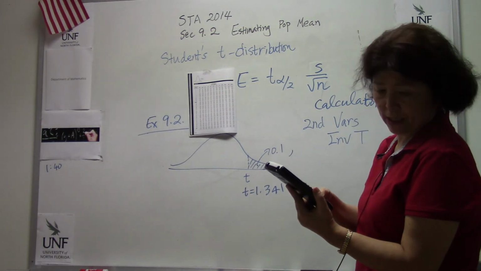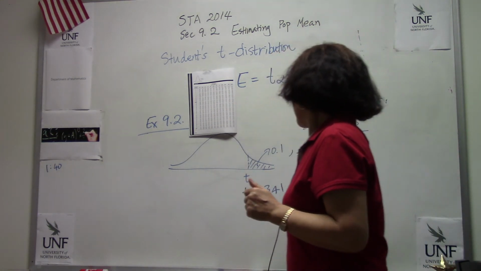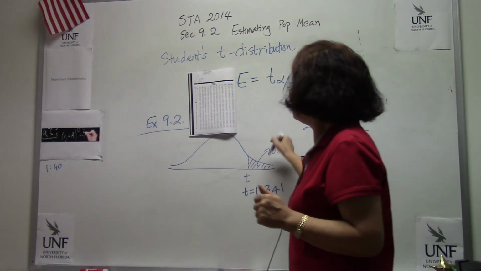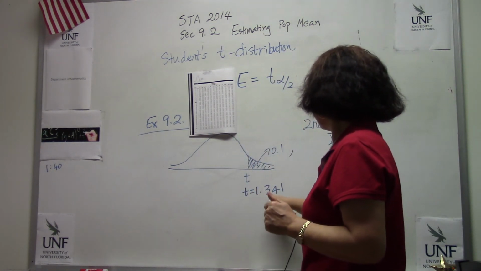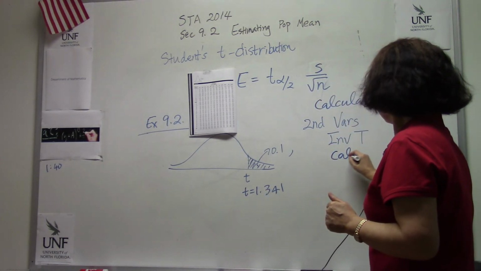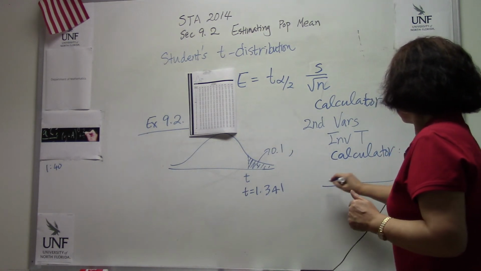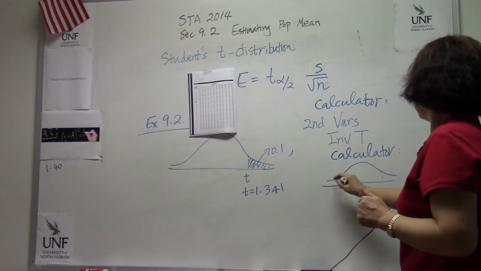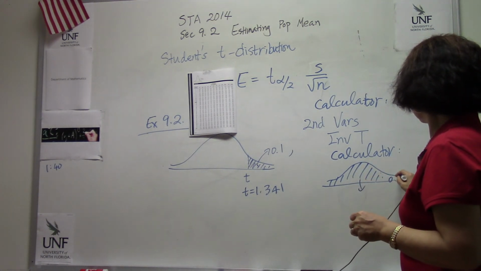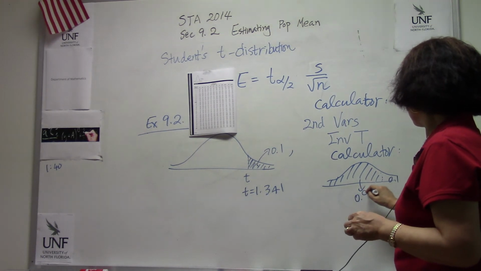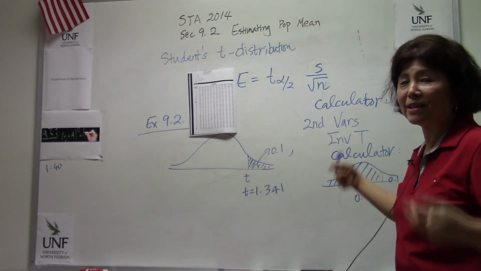Oh, I just realized, this is what happens. When you use the table, it's going to give you a straightforward 1.341. When you use a calculator, it gives you the area to the left. Therefore this is 0.1, so this portion has to be 0.9. There are many things you have to coordinate together over here.